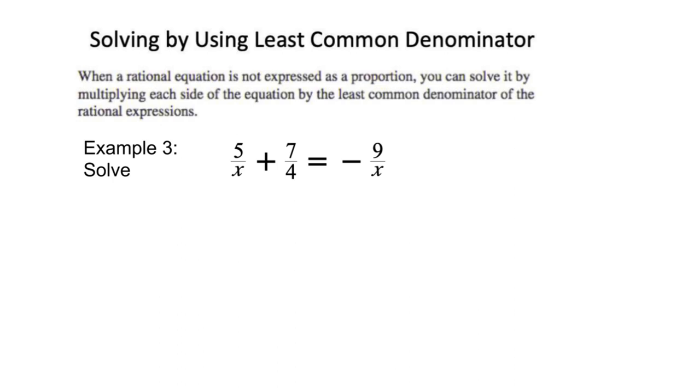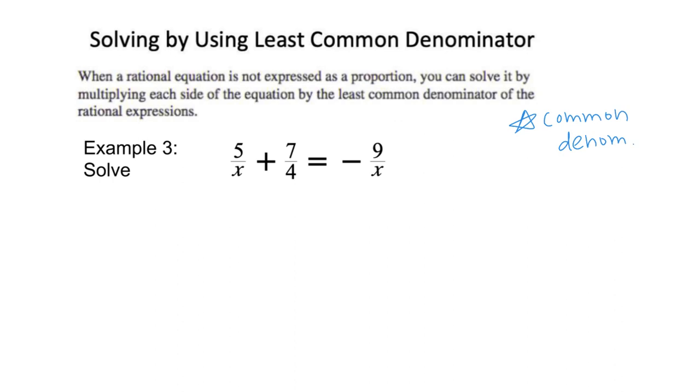So the first thing, when you have fractions on each side of your equals, is you are going to find common denominators. So I need to figure that out.